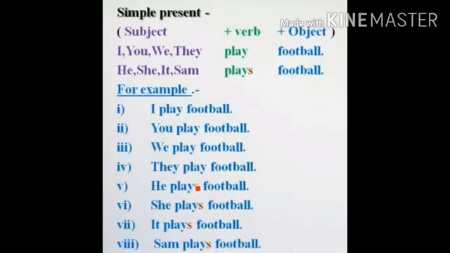See, here we had taken play for I, you, we, they, and we had taken plays for he, she, it, and also a boy named Sam. So in this way, while taking a verb, we write play for I, we, you, they, and plays for he, she, it, and a boy or girl name.